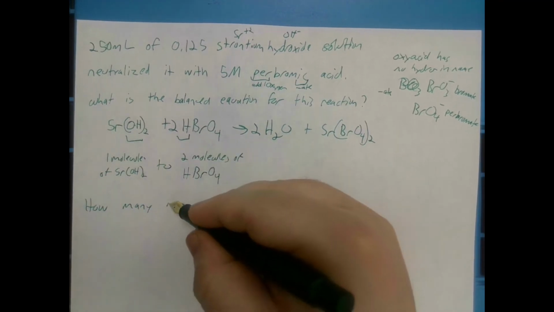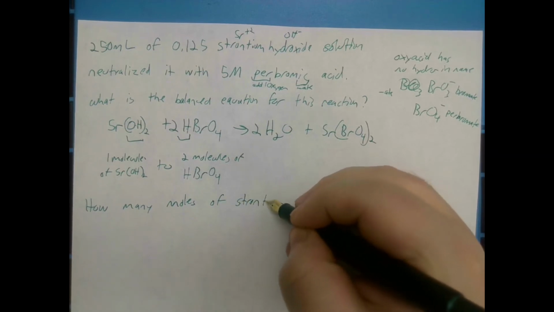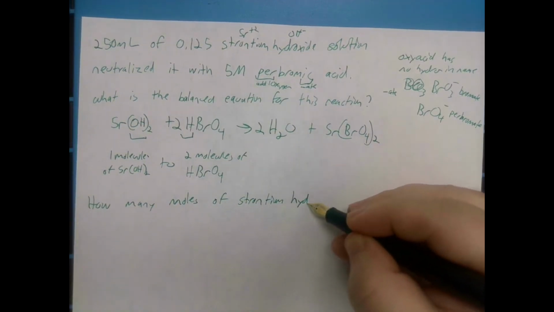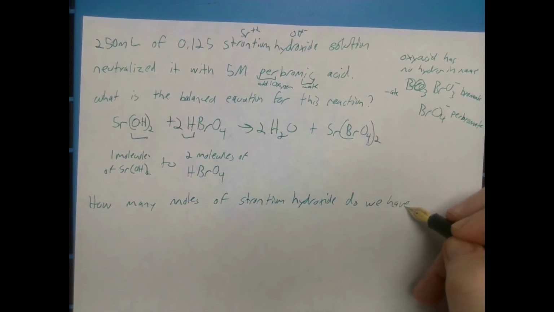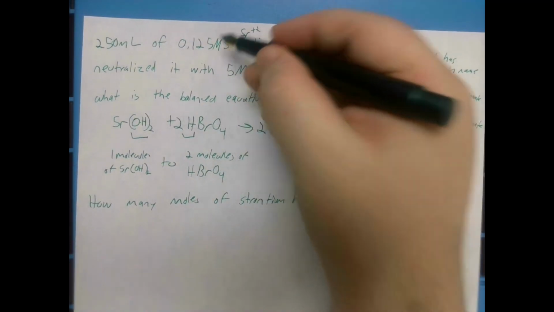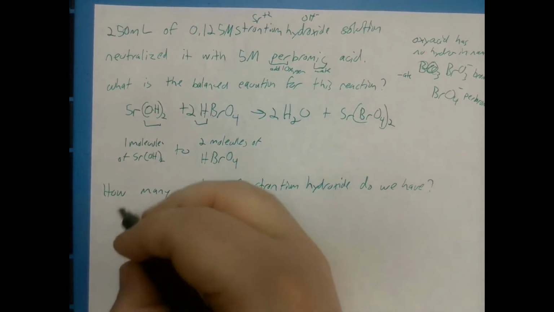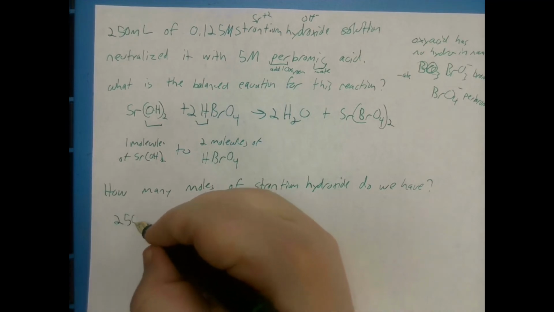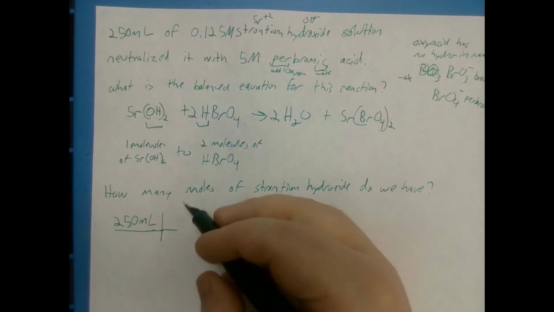How many moles of strontium hydroxide do we have? So we're given that we're having 250 milliliters, which we can convert into liters.